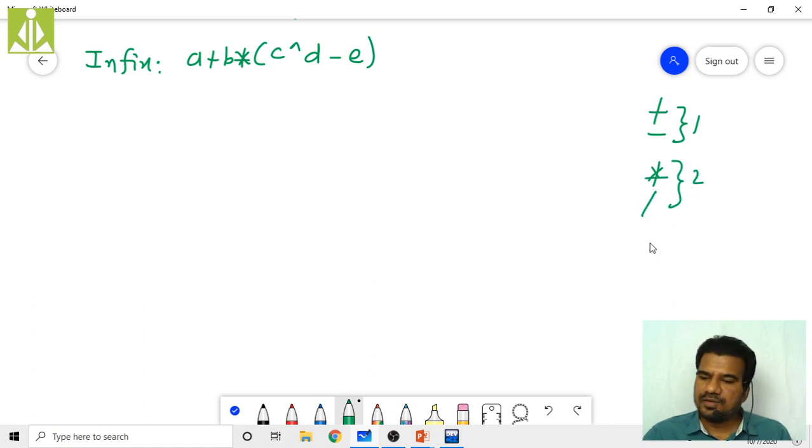Then this cap power operator we consider the precedence as 3. All other operators, if there is anything we get, will be considered as minus 1. So this is 1, 2, 3 and minus 1.